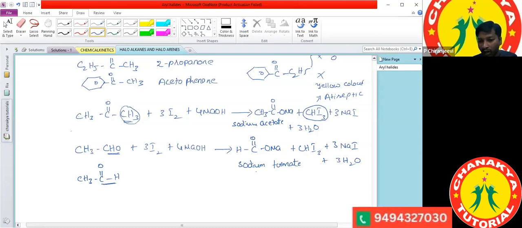Don't get confused here. This we can also write as HCOONa. So this we can write as sodium formate. Now you got the clarity? Does anyone have any doubt?